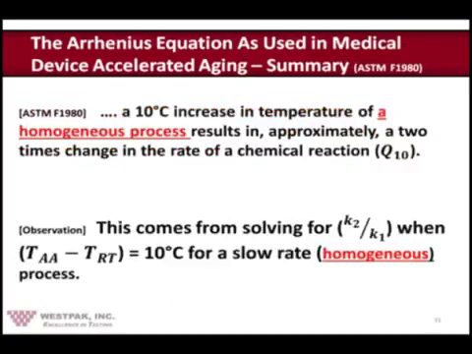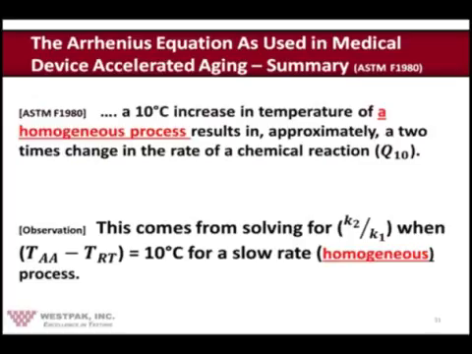It's also interesting and informative to note that the ASTM F1980 standard refers to a homogeneous process. Other authors have confirmed that this homogeneous process is another way to define the activation energy of about 50 kilojoules per mole. So when you see the term homogeneous process, basically that's what it means.